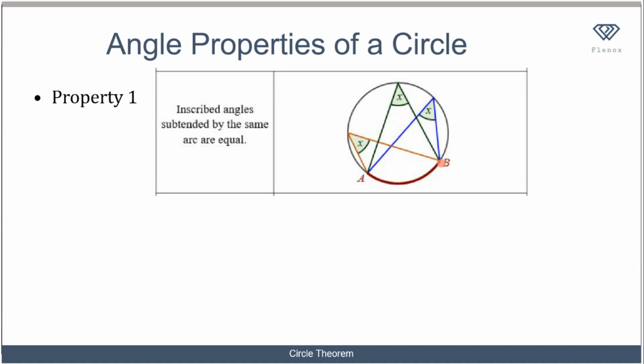So from that arc, if I draw two lines that touch the circumference at any other point, for example, this green line and blue line over here, the angle that is subtended is equal to the angle that will be subtended if I draw any other line in such manner.